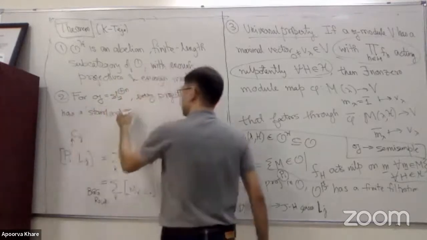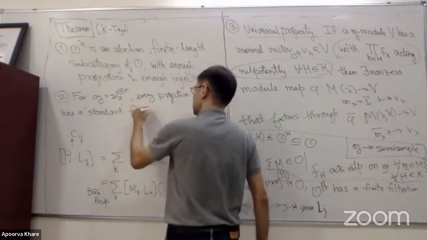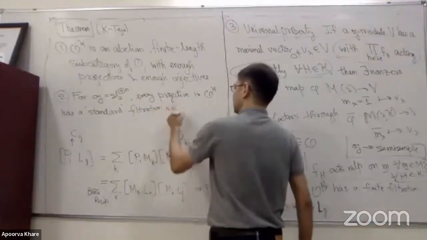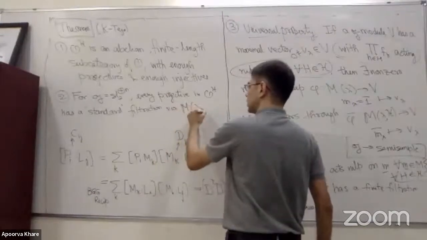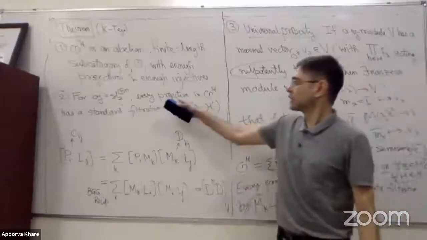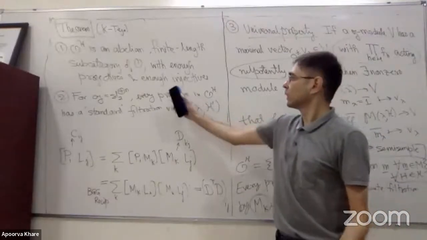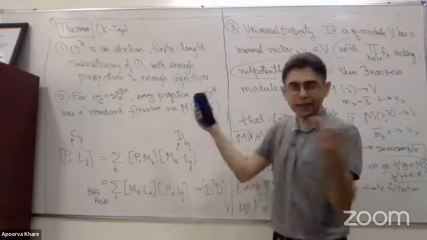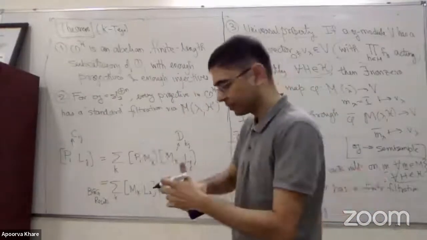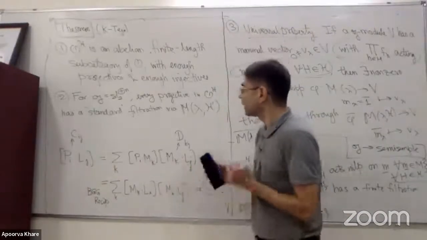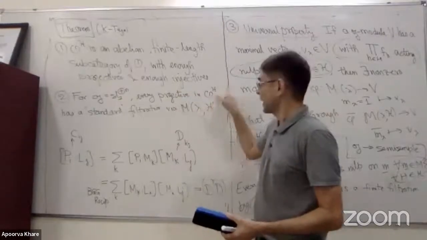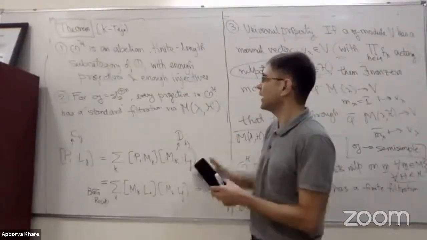And when I say standard filtration, I mean the subquotients are exactly these modules M(lambda, H'). Every projective is a direct sum of indecomposable projectives. Everything is finite length, so there are finitely many. Each individual indecomposable projective is the projective cover of some simple module in that category O_H. So it is P_H of mu.